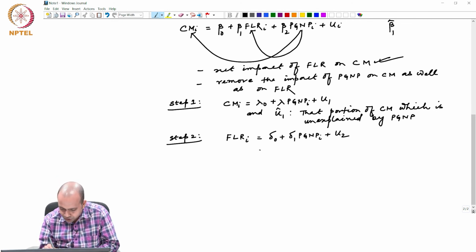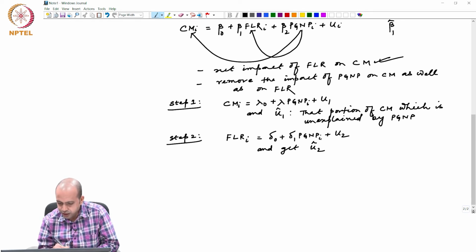And from this regression, what we will get? We will get U2 hat, right.